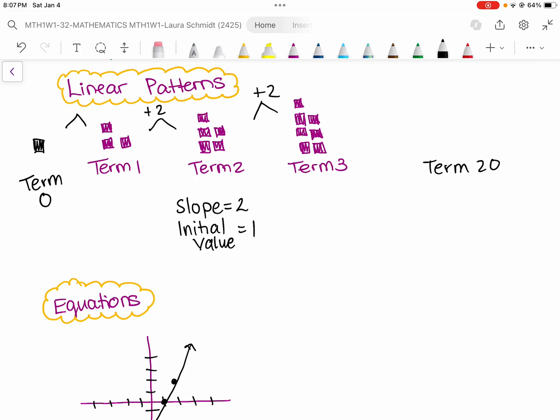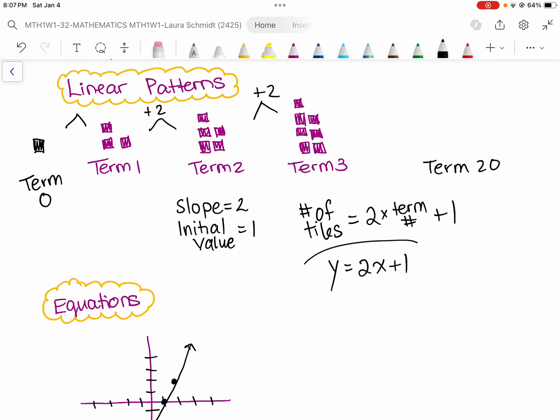So I could write the equation of this relationship as number of tiles equals 2 times the term number plus 1, or y equals 2x plus 1.